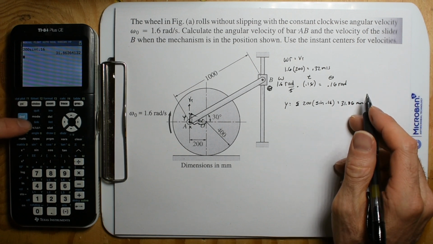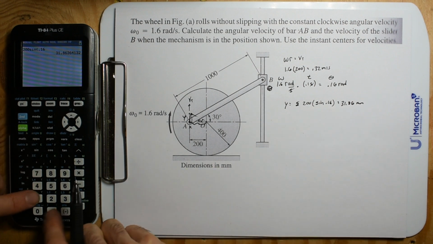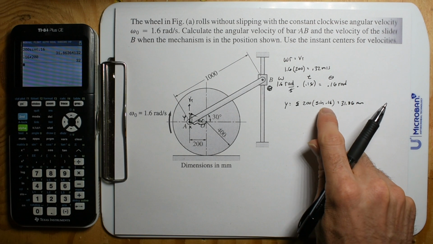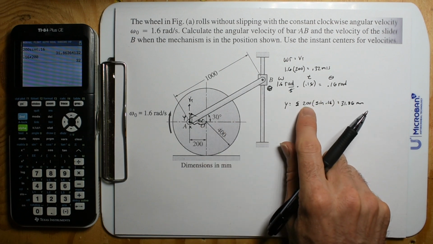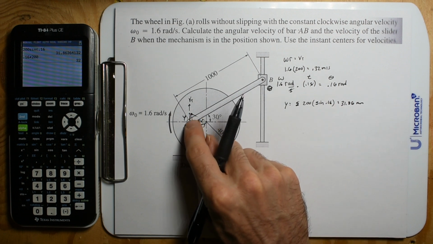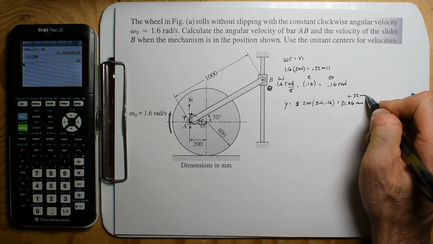And is that what we would expect? 0.16 times 200? Yeah, because radians times radius, with small angles, is the arc length, but with small angles it's also the vertical component. And so this is kind of synonymous with 32 millimeters.